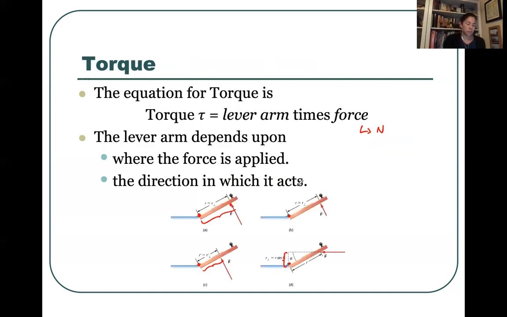Really quick before we close off here, I just want to point out that if you had gone all the way and pushed with a force like this, all right, then the lever arm would have reduced to 0. And so in that case, our torque would have been equal to 0, which means that you would not produce any angular acceleration at all, which you can try at home.